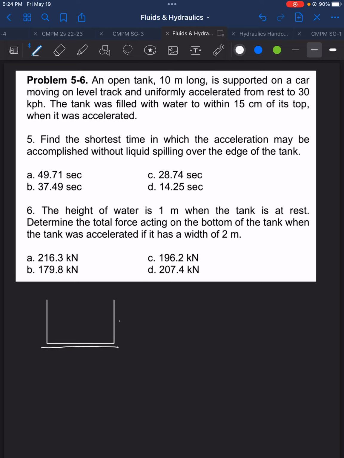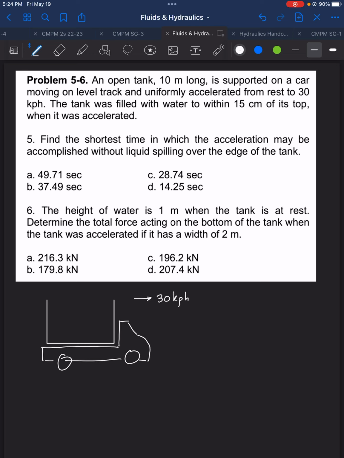So let's just put here some form of vehicle. Let's say it's a truck right there. So this vehicle here accelerated from rest to 30 kilometers per hour. So we have here motion of 30 kilometers per hour.